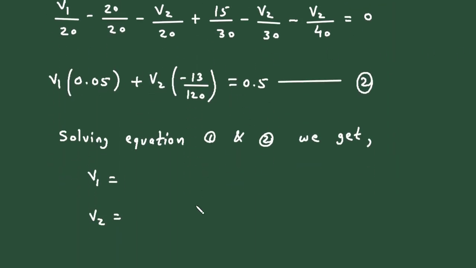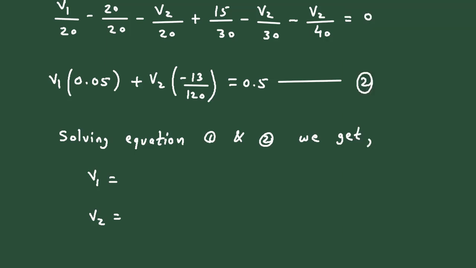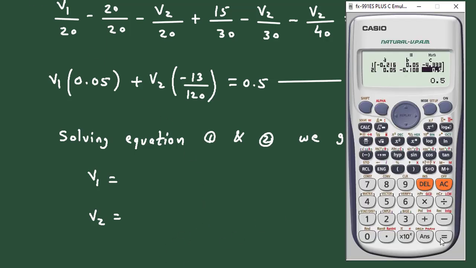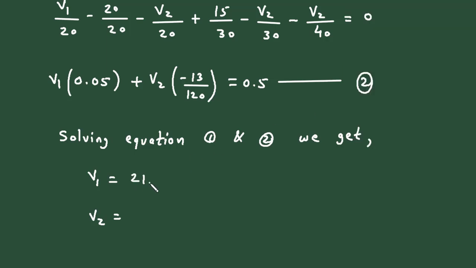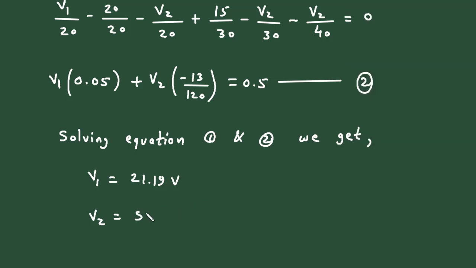Then from equation 2, this will be 0.05, minus 13 divided by 120, and it is equal to 0.5. Now V1 is equal to 21.19 volt, and V2 is equal to 5.16 volt.